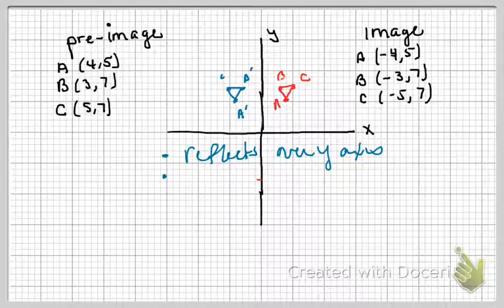Another one is rotation, like when we turn it. And translate is another one.